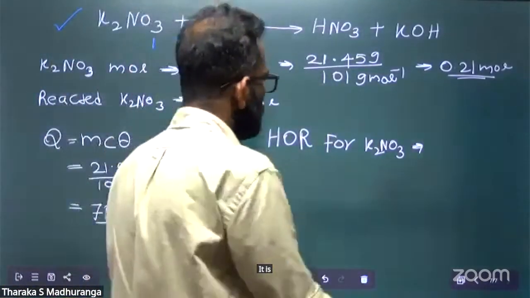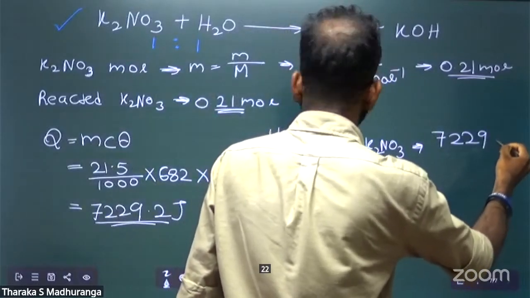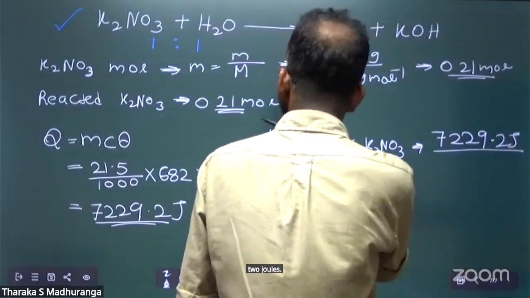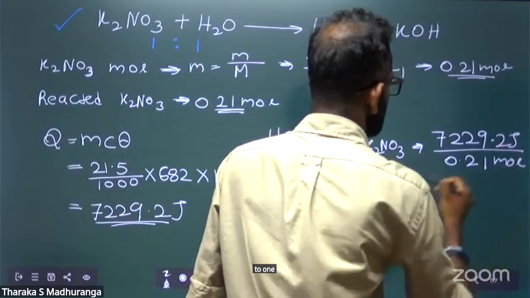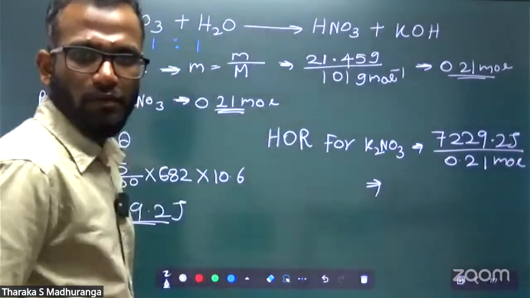It is 7,229.2 joules divided by the reacted number of moles, 0.21 mole. What's the heat of reaction?